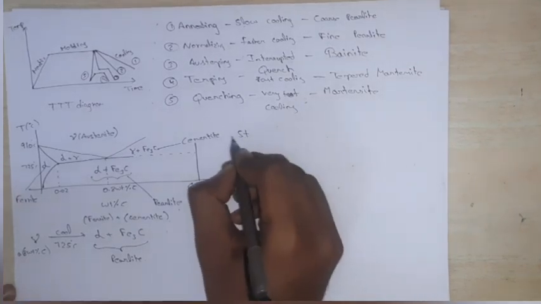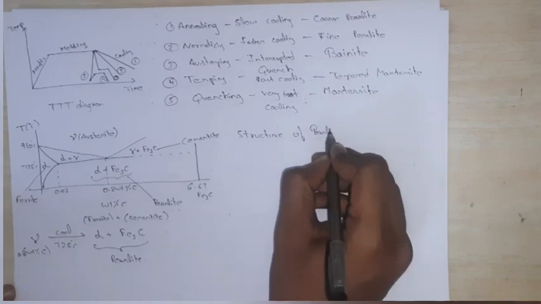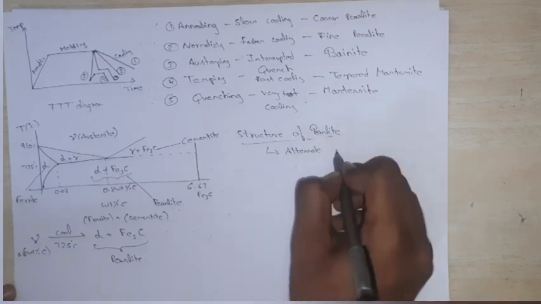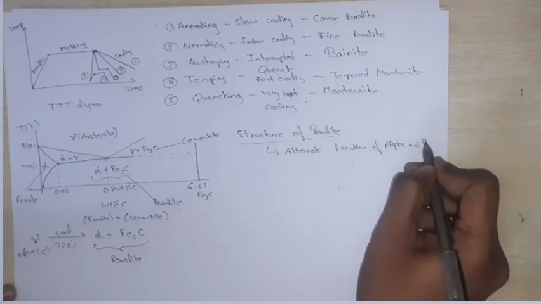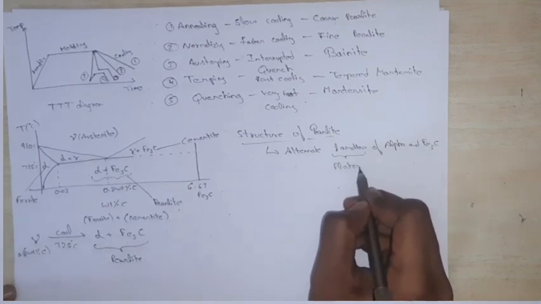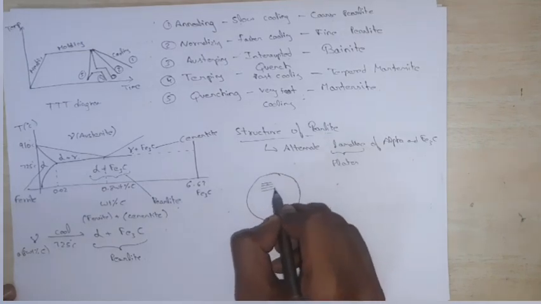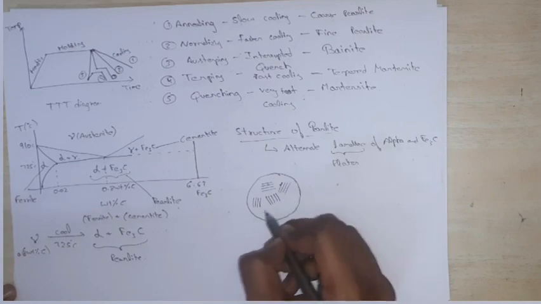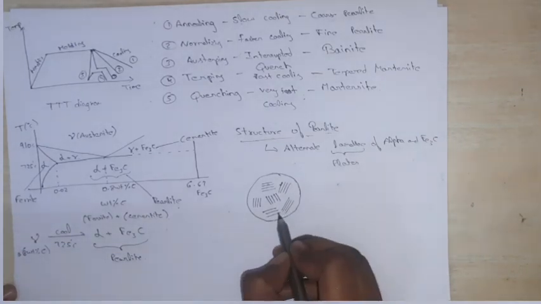First of all, the structure of perlite. The structure of perlite is nothing but alternate lamellae of alpha and Fe3C. Lamellae means plates. If we see the structure, these are the plates of alpha and Fe3C.